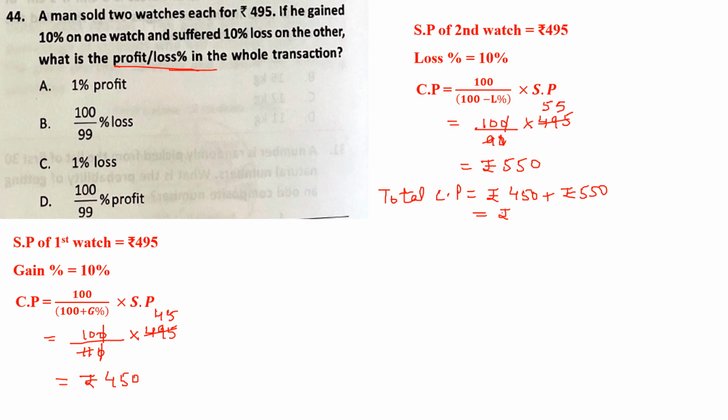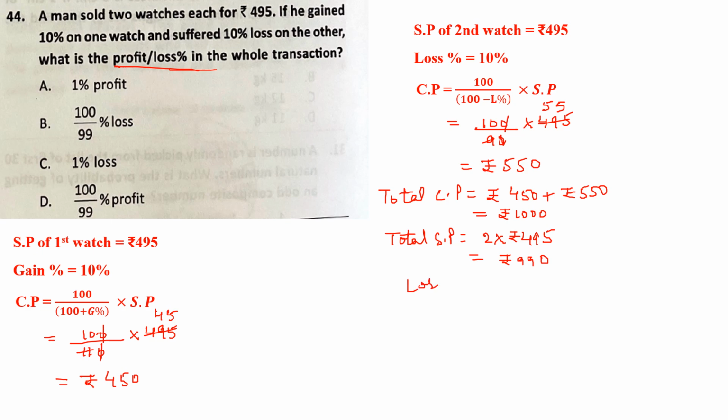So 450 plus 550 is 1000. Then we have to find the total selling price. Both the watches they sold at 495 rupees. So the selling price will be 2 into 495 rupees, which will give me 990 rupees. So clearly you can see here the selling price is less than the cost price. It means there is a loss. So how much is the loss?